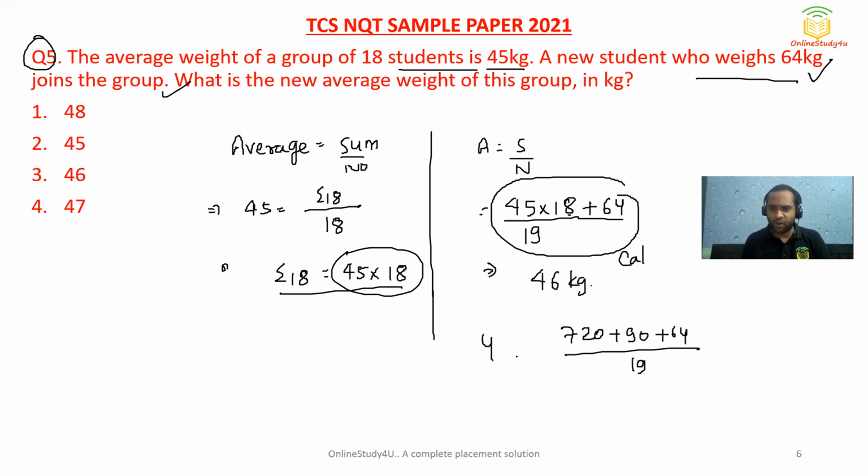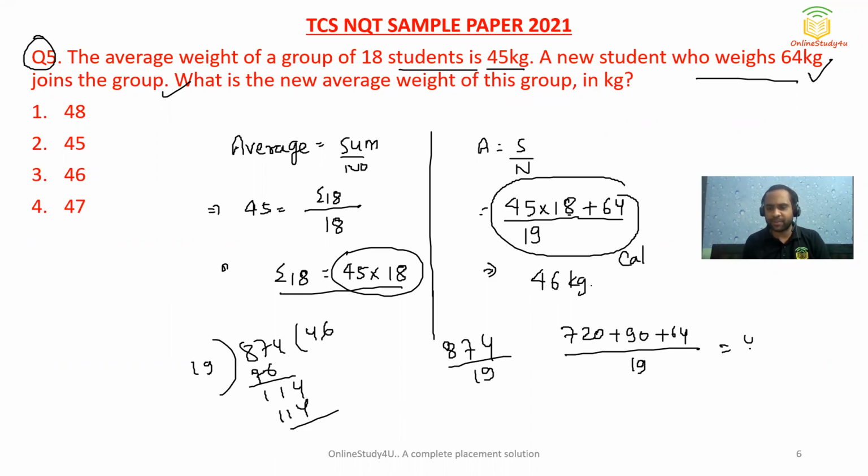This gives 874. Now divide 874 by 19. 19 times 4 is 76, then the remainder carries over, and 19 times 6 is 114. So 46 will be the answer.